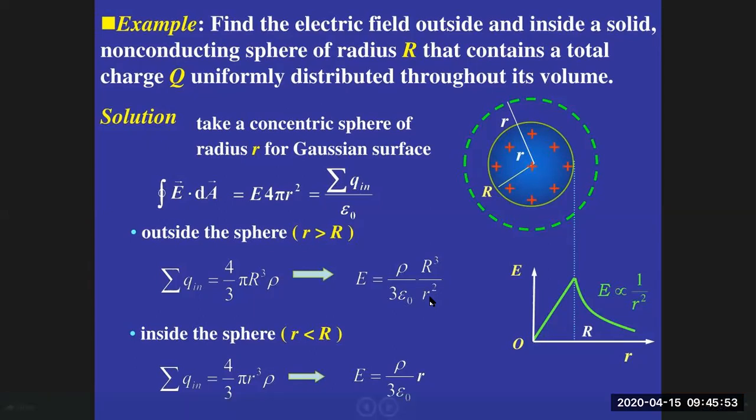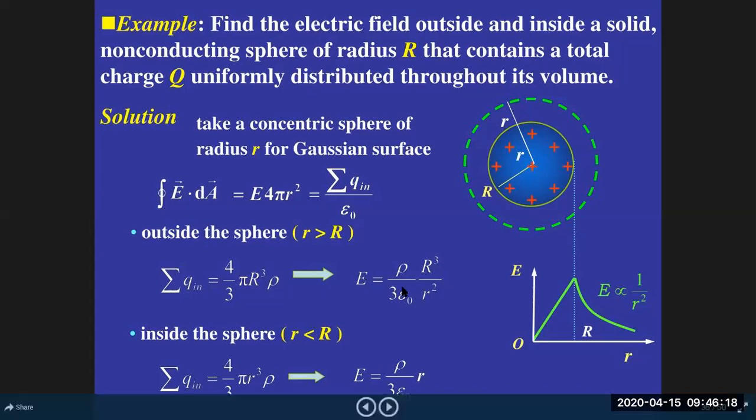So in this case you will see that the charge density decreases. R remains constant, and this R is the same for all. So the charge density in the case of the bigger sphere will be smaller, so the electric field will be smaller or lesser.